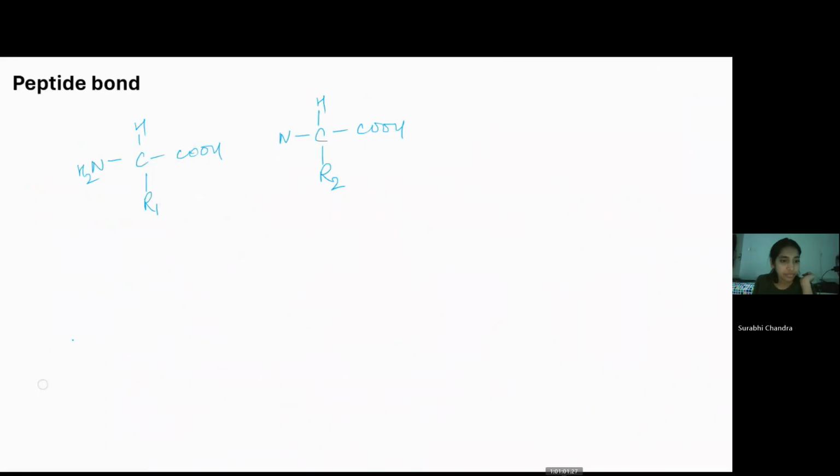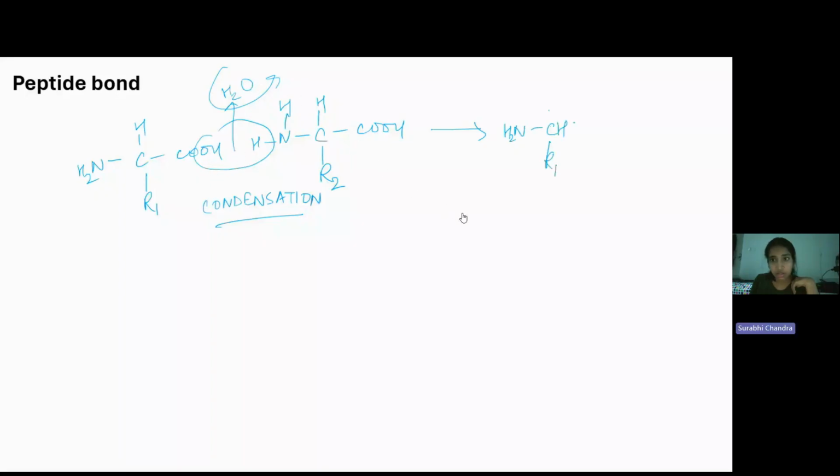Now for a peptide bond, you have one amino acid residue with an R group attached to it and another amino acid residue with another R group attached to it. Here the OH from the carboxyl group of the previous amino acid and the H from the next amino acid residue are lost in a dehydration or condensation reaction, and H2O is given off.